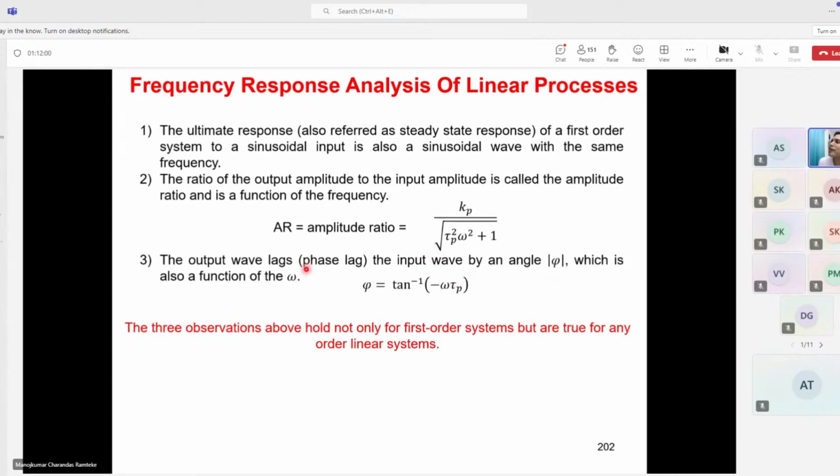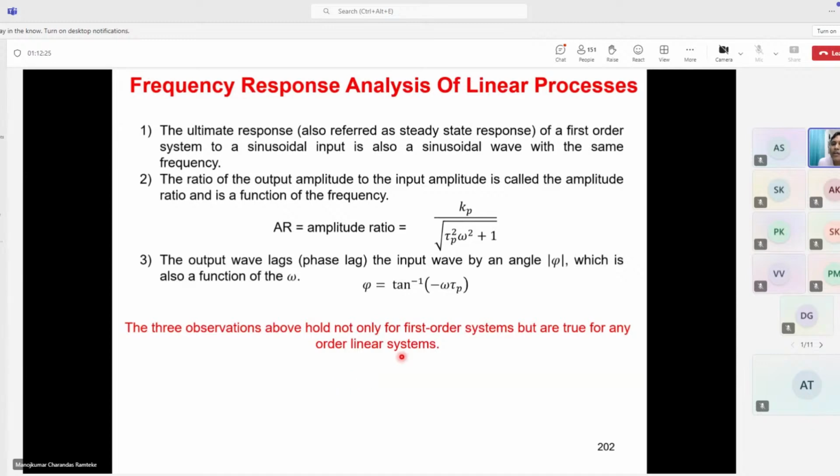For a first order system, my steady state output will also be a sinusoidal wave with a frequency of omega same as the input, the amplitude ratio is Kp divided by under root tau p square omega square plus 1, and the phase angle is tan inverse of minus omega tau p.